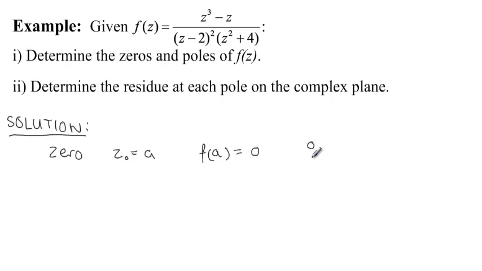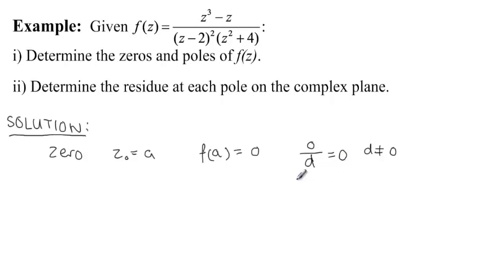0 over d, where d is not equal to 0, is always equal to 0. Otherwise, whenever we have a numerator equal to 0, then the whole rational expression must be equal to 0.